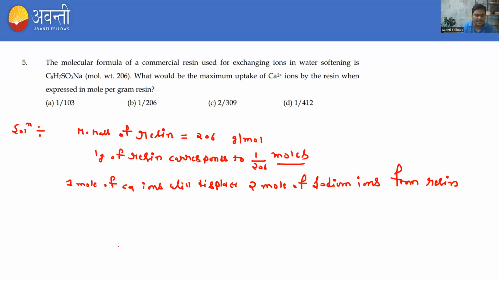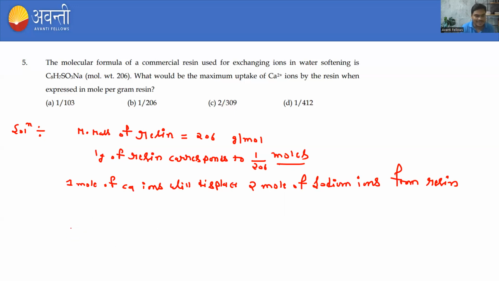So 1 mole of resin containing 1 mole of sodium ion can uptake up to 0.5 mole of calcium only, because we know that calcium has valency 2 and sodium has valency only 1. So 1 mole of calcium ion will displace 2 mole of sodium ion from the resin.